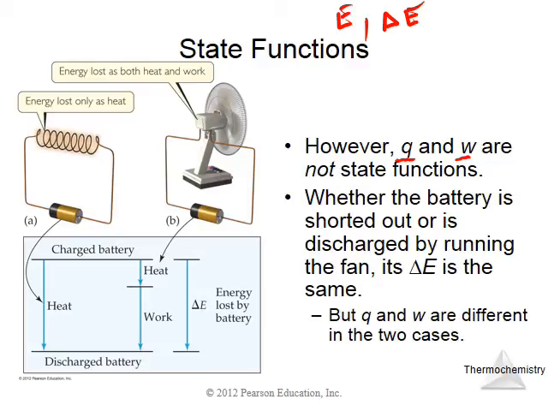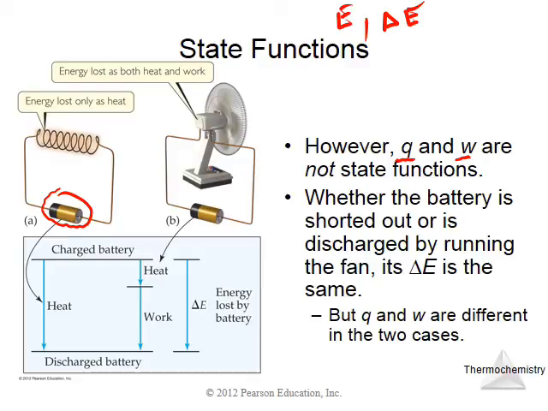We are going to explain that with two examples shown on the left hand side of this figure. On the left hand side you see a battery, and the energy of the battery is being used up by heating. The battery is going to be completely discharged by conversion of its energy into heat.